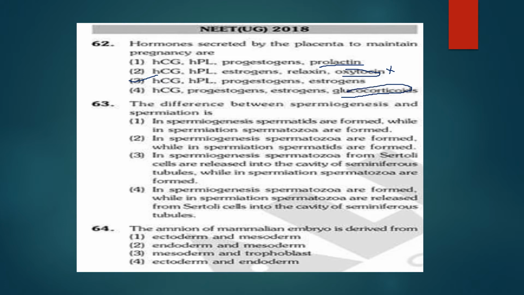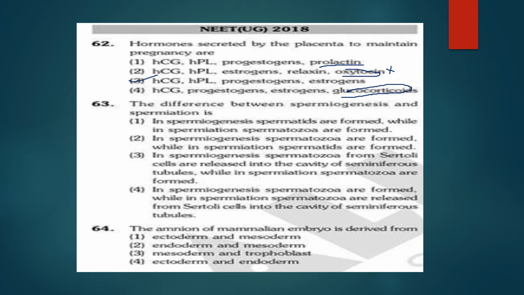And now coming to the other question, that is the 63rd question. The difference between spermiogenesis and spermiation is. Spermiogenesis is the formation of spermatozoa, whereas spermiation is where the heads of the sperms are embedded into the Sertoli cells which are present in the seminiferous tubule.